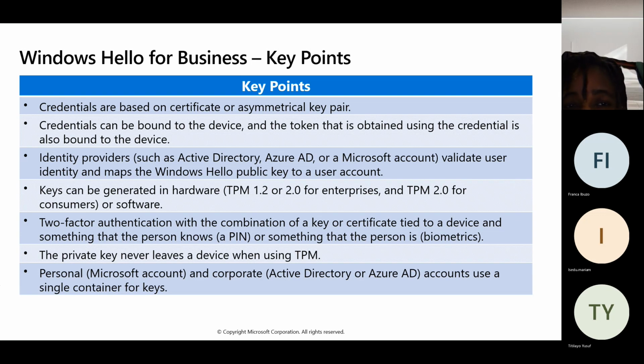It doesn't move across. You can integrate it with Azure Active Directory. Keys are also generated using TPM 1.2. These are encryption methods. Your private key is always encrypted on your device, and it never leaves your device.